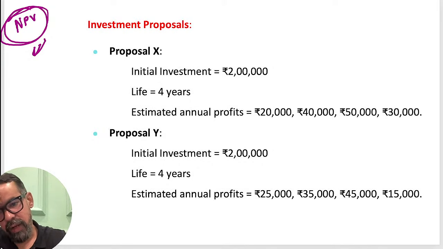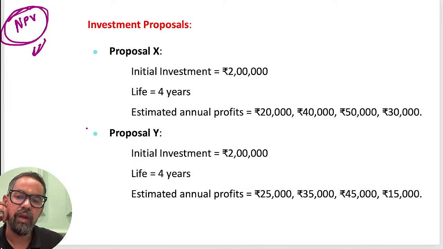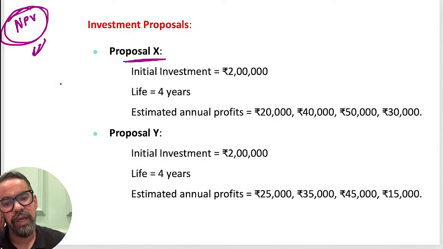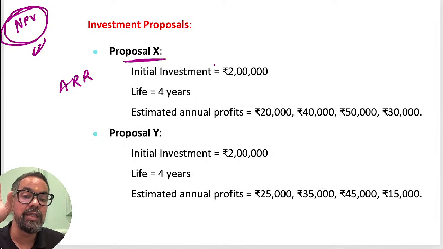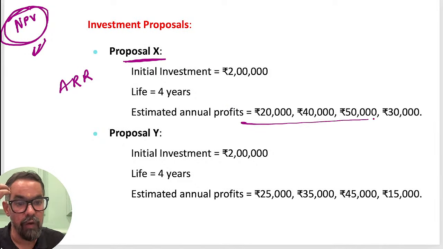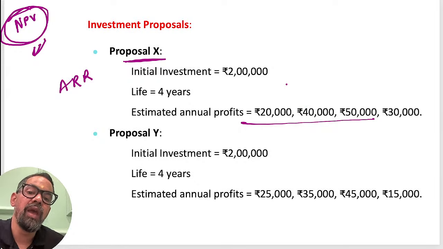So what will be your correct answer? Now, if I calculate this proposal X, what will be the ARR of this? So ARR, what was the formula? Average annual profit divided by average investment.